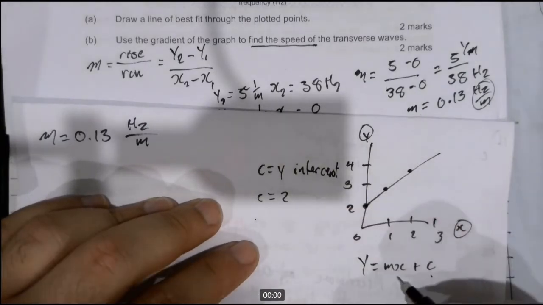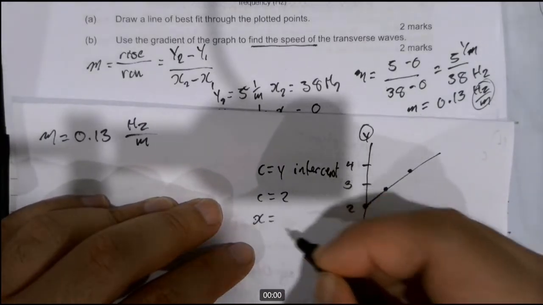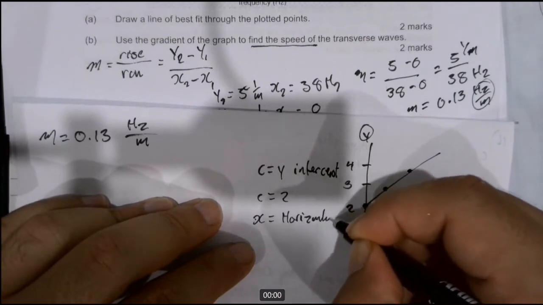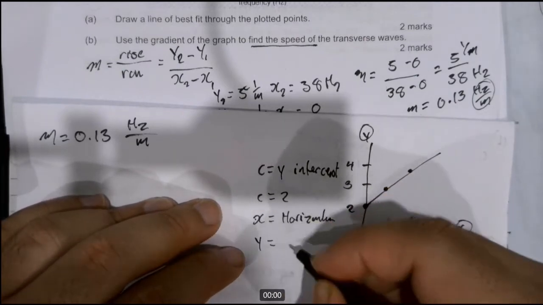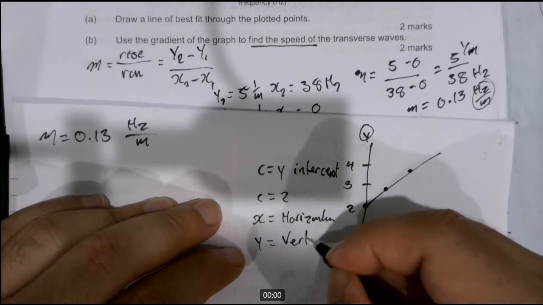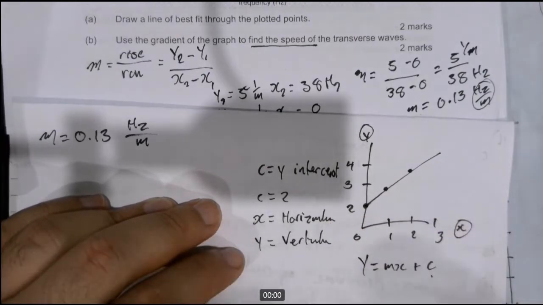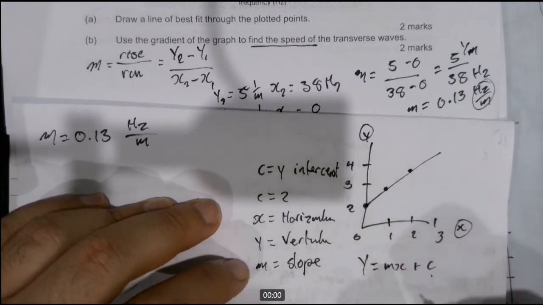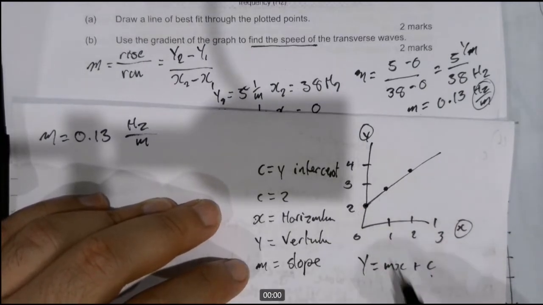x is just the variable x, the horizontal value, y is the vertical value, and m is equal to the slope. So x and y values are related by the slope and this variable c, the y-intercept.